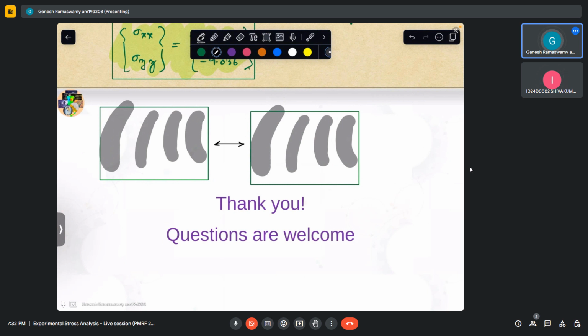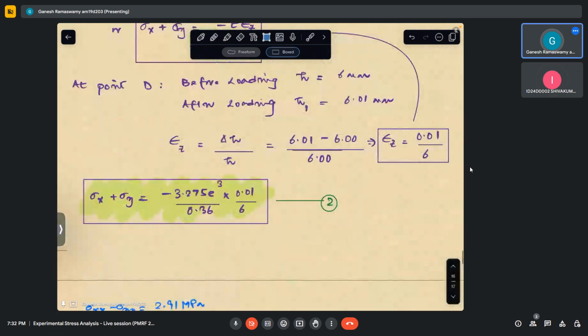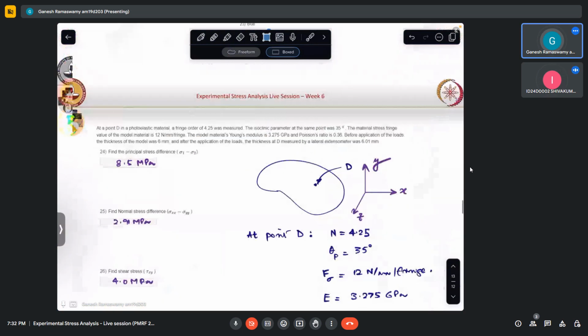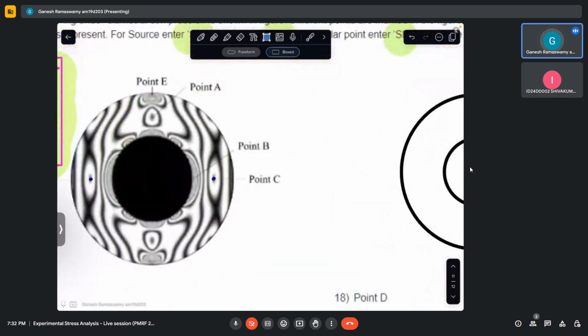What you are saying is, if I set the threshold as low as possible, it should be able to give me the fringe skeletons. But that would only hold good if the fringe skeletons are of the same width. Let me explain it with the example. Here you are able to see that this fringe is comparatively thicker as compared to when we go near the loading point.